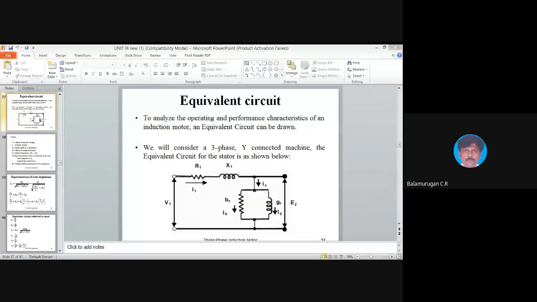You will get 1 by S minus 1. And this expression you can also write as 3 I2 double dash squared R2 dash into (1 minus S) divided by S. So this is the mechanical power.